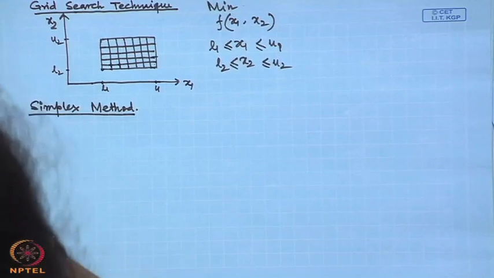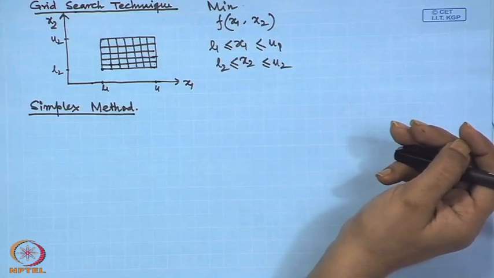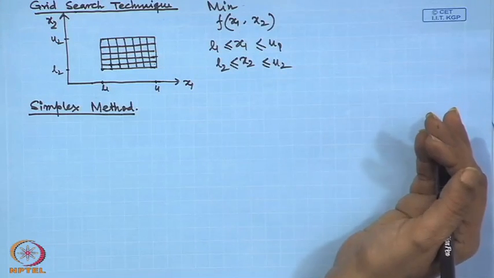The simplex method for solving nonlinear programming problems is different from the linear programming problem, but the concept of simplex is the same. Here we consider the convex hull with n plus 1 points in n dimensional space.